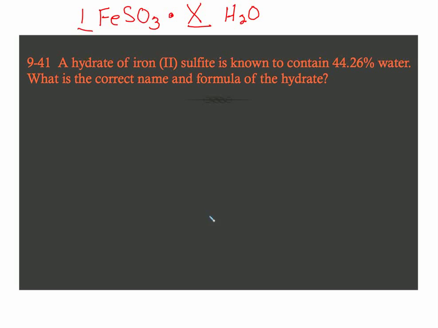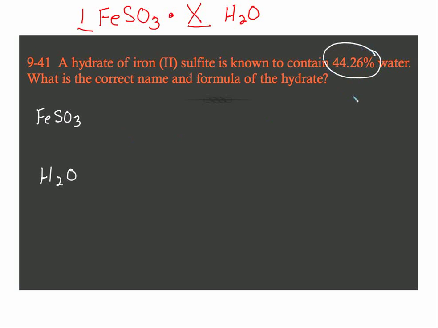I know that's going to be a 1. I need to find the X. So let's set up our little spreadsheet. We have our FeSO3, and we have our water. Substances that are compound in water, molecule instead of elements. Other than that, it's just like an empirical formula.